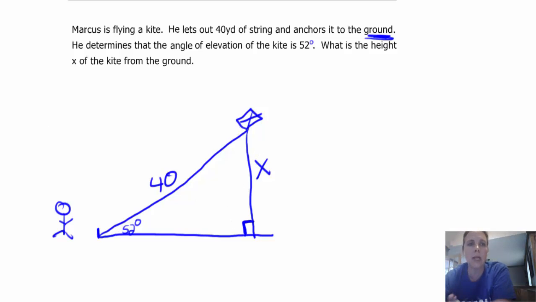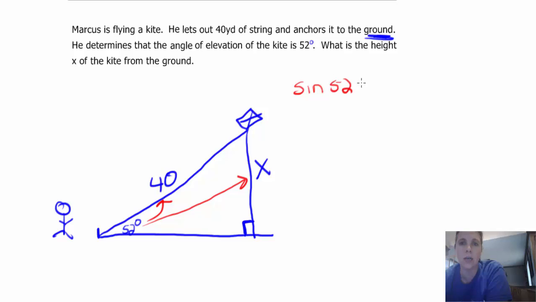So then we go back to our trig, our SOHCAHTOA. We're given this 52 degrees. We're looking for opposite, and we're given hypotenuse, so we're going to use sine. Sine of 52 equals opposite over hypotenuse. This is how you would set it up. Since this 40 is on the bottom, we multiply both sides by 40.